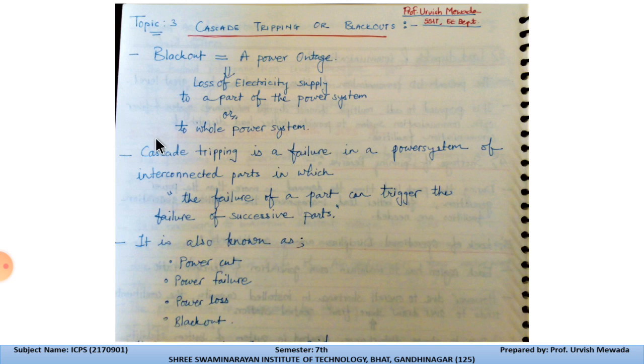So cascade tripping is the failure of a power system of interconnected parts, in which the failure of one part can trigger the failure of successive parts. Suppose the power system or the unit is not capable of withstanding the amount of stresses which develop due to the load. Then those stresses will be transferred by that power station to the nearby station.